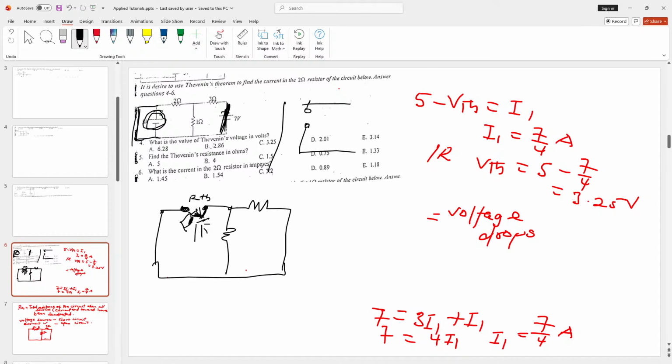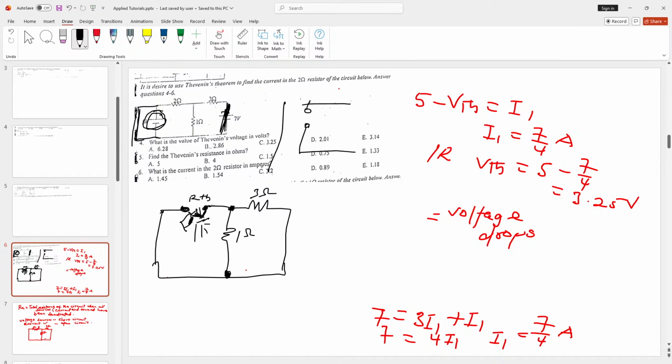Looking through these open terminals, we can see that the equivalent resistance is going to be this resistor and this resistor, and they are connected in parallel. Why are they connected in parallel? They are both connected to the same 2 nodes, this node here and this node here.